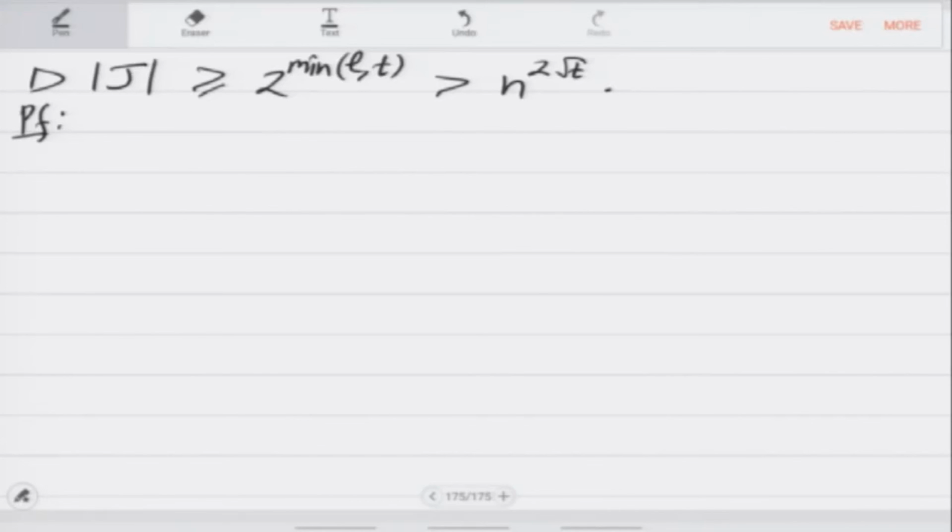Why is that? Well, you just look at the number of subsets of 1 to L. So, number of subsets is 2 raised to L, right? So, that is what roughly you will get.